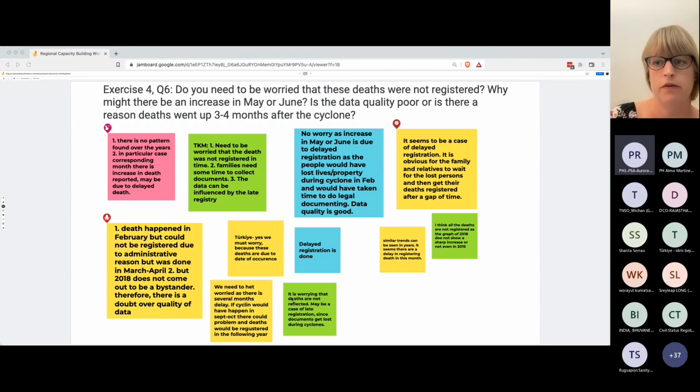So I will also save a copy of the answer key to exercise 4 on the Google Drive for everyone, if you want to go back and look at the reflections and some of the thoughts and some of the exercises. It will be there for you to look at your leisure.